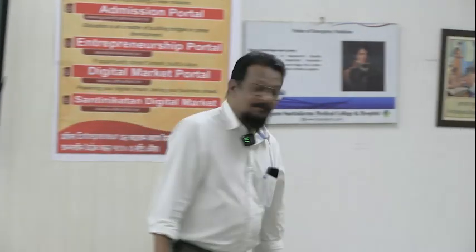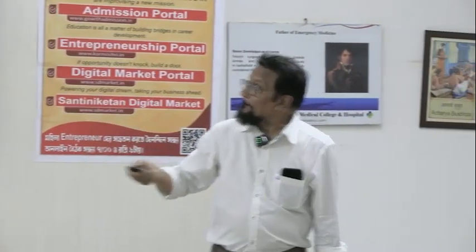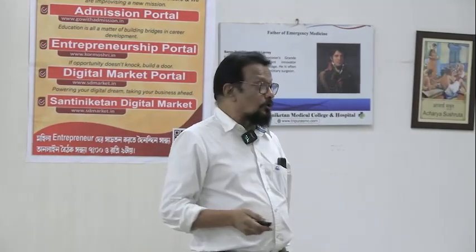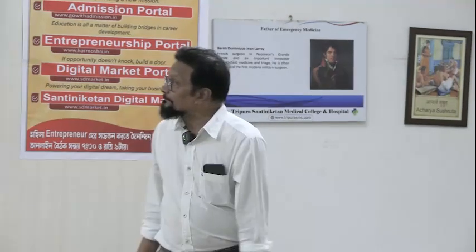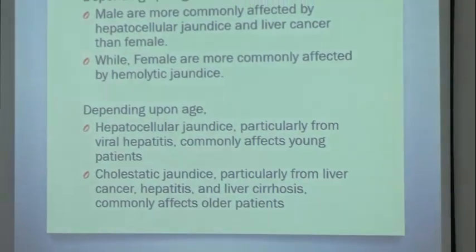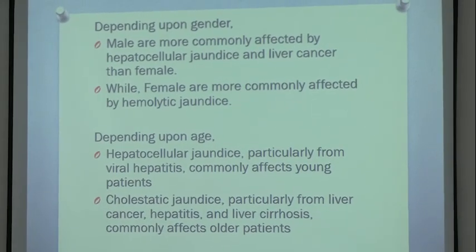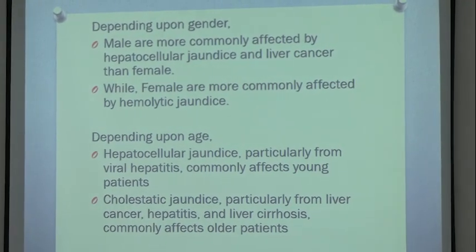And the prevalence, what is there? Males are more commonly affected by hepatocellular jaundice, whose origin is liver. But the females, they suffer hemolytic jaundice.